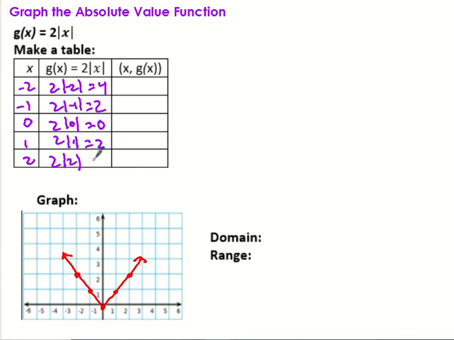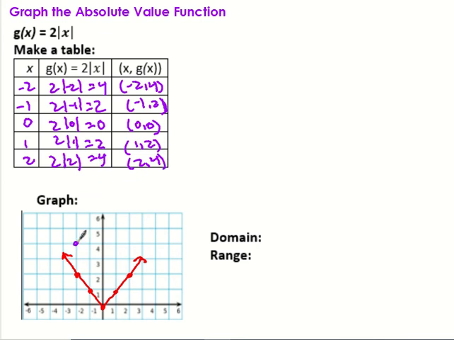And this is going to be the same as the other side because absolute value of 1 is the same as -1. Absolute value of 2 is the same as -2. So now my points are -2, 4, -1, 2. That's still 0, 0, so my vertex has not changed. 1, 2, 2, 4.